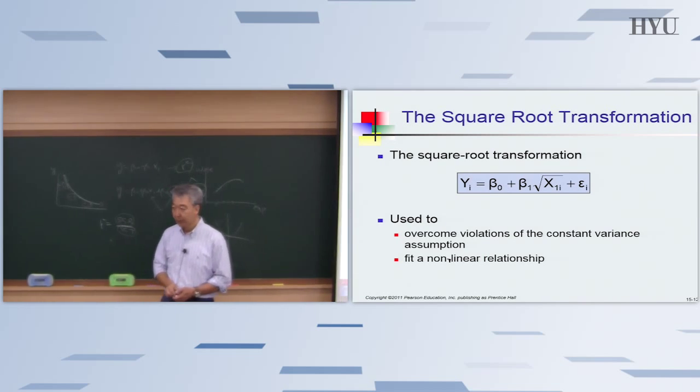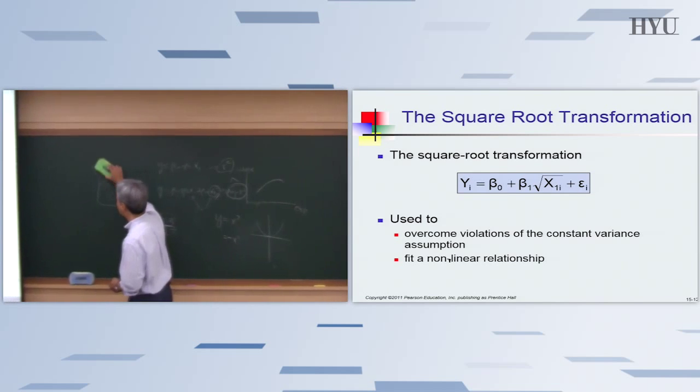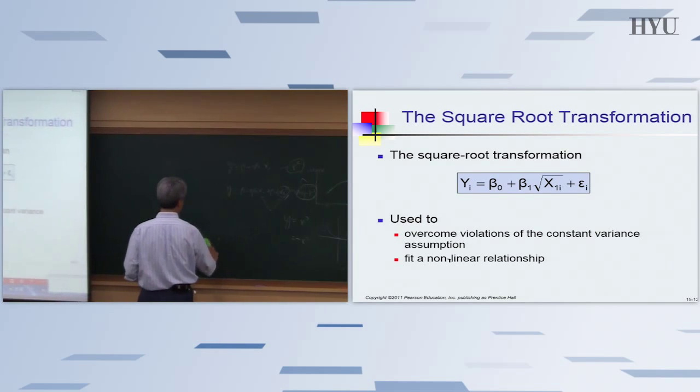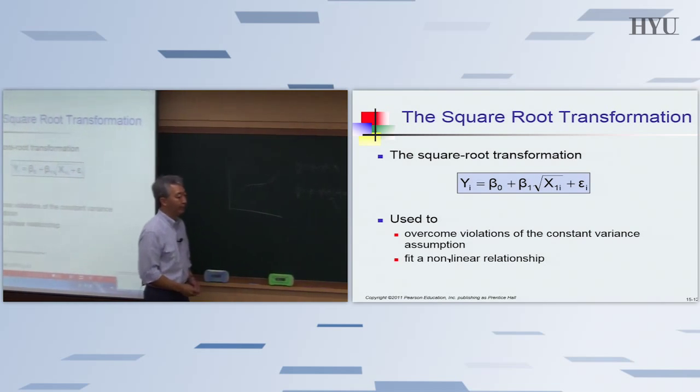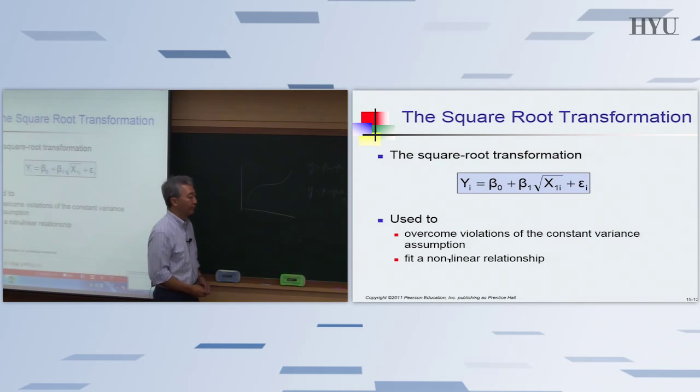What about, for some reason, you suspect the relationship goes like this. Does it remind you of any curve that you learned in economics? Have you seen any kind of curve looking like this?